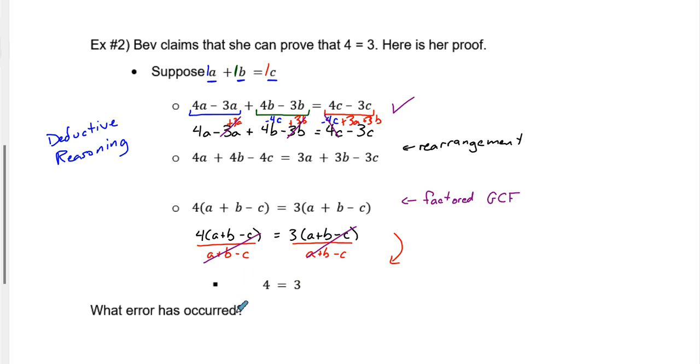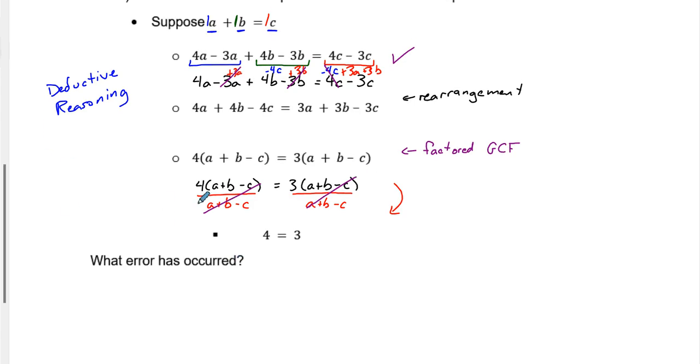So what's the error? The error comes in this last step before we get to this 4 equals 3. Because it's using the fact that a plus b, so with us starting with a plus b equals c, that part's fine. But you see in this step, we have an a plus b minus c. Well, what happens when you subtract c from both sides here?